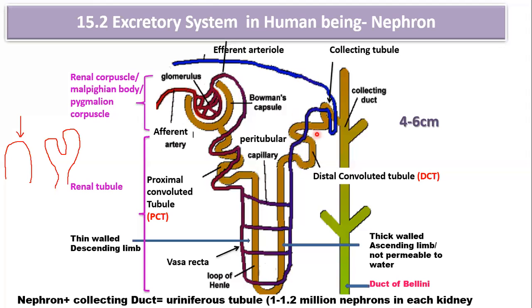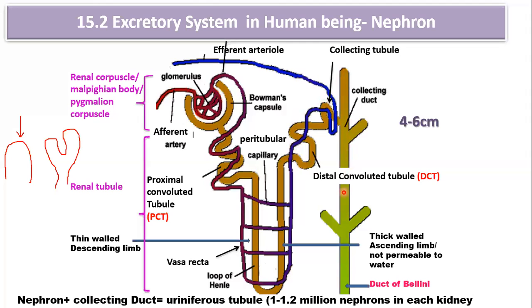Finally, that DCT is going to open into a small, short tube known as the collecting tubule. Can you see this is a collecting tubule? This collecting tubule is going to open into the collecting duct. This collecting duct is going to receive many collecting tubules. So the collecting duct is a common duct where many nephrons are going to open.